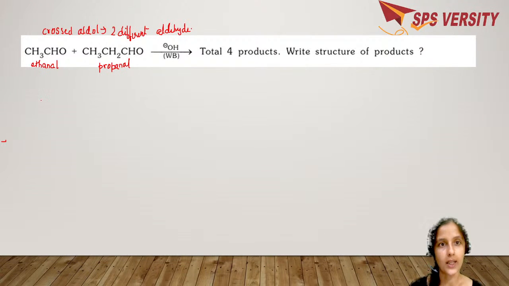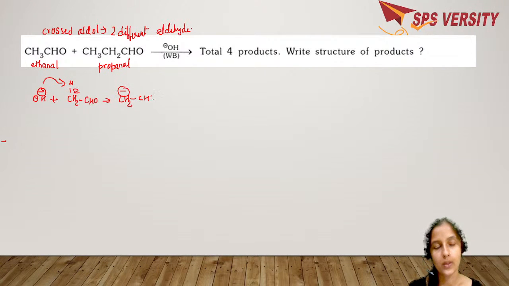The first possibility is OH minus plus CH3CHO, which takes up a proton from here, resulting in the formation of CH2 CHO. This reacts with one more molecule of the same kind, that's CH3 C double bond OH.